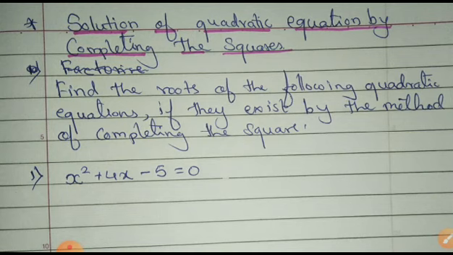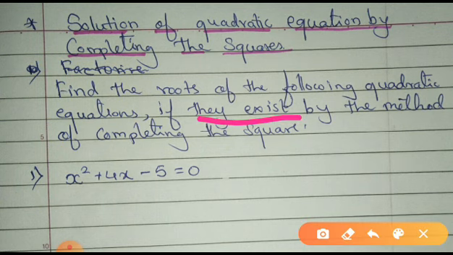The question will be, find the roots of the following quadratic equations if they exist by the method of completing the square. Now here it is written, if they exist, because we know that the square of any real number should always be what? It should always be positive, or we can say non-negative.